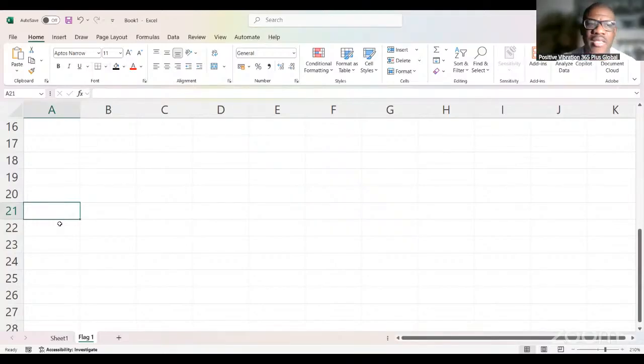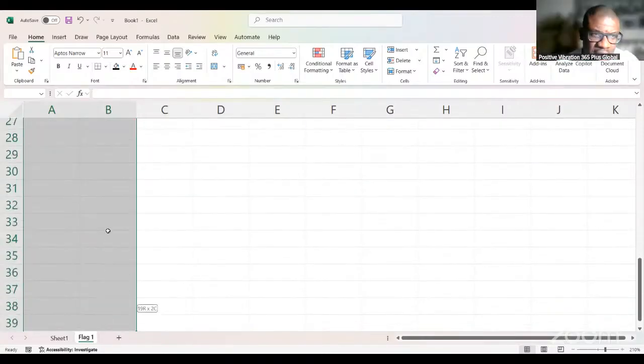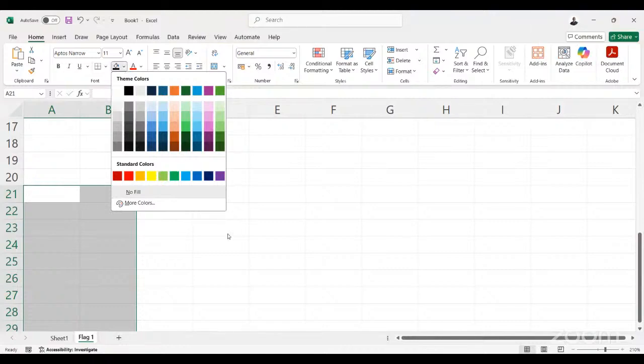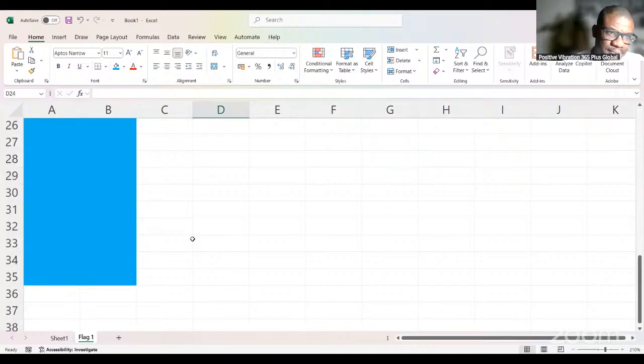That's why this activity is important. So A21 to B what number? 35. All right, so we're going to go right down to 35, which is right here. And what color should it be? Blue. All right, cool. Tell me the next one, please.